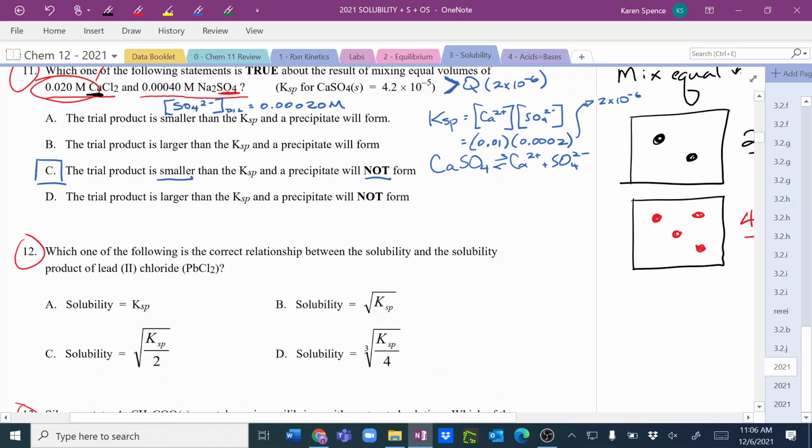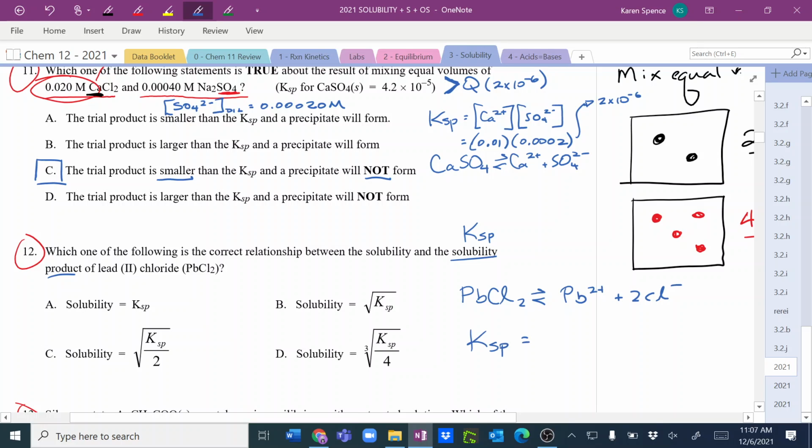Okay, which of the following is the correct relationship between solubility and the solubility product? And remember, solubility product means KSP, okay? Probably the easiest thing to do here is to write your lead chloride, Pb2+ plus 2Cl-.